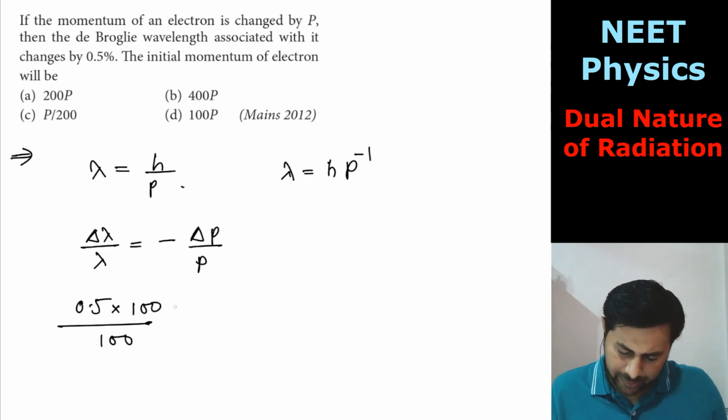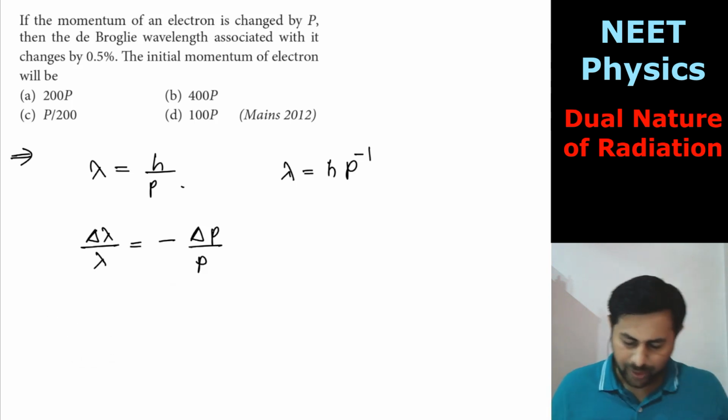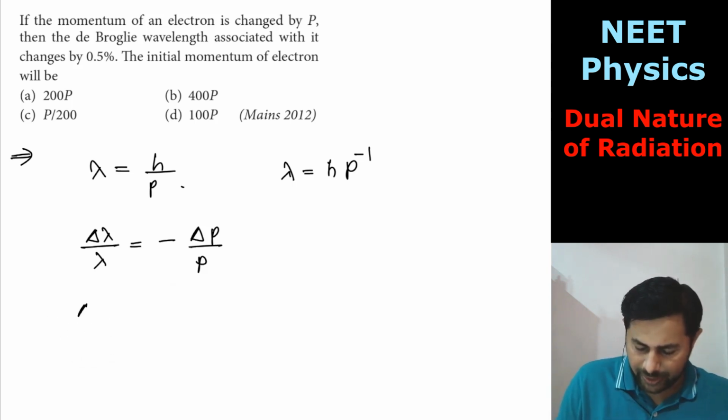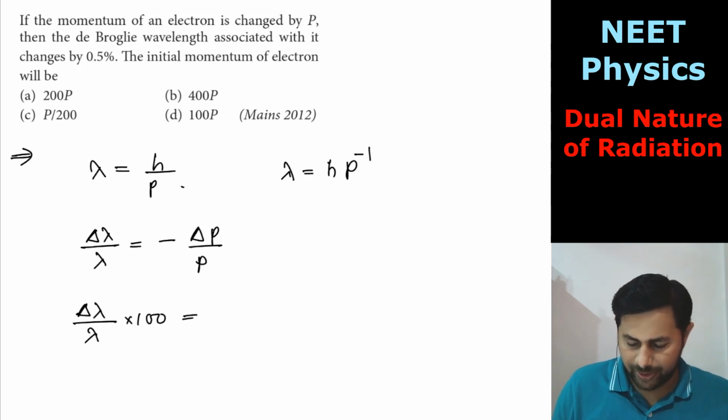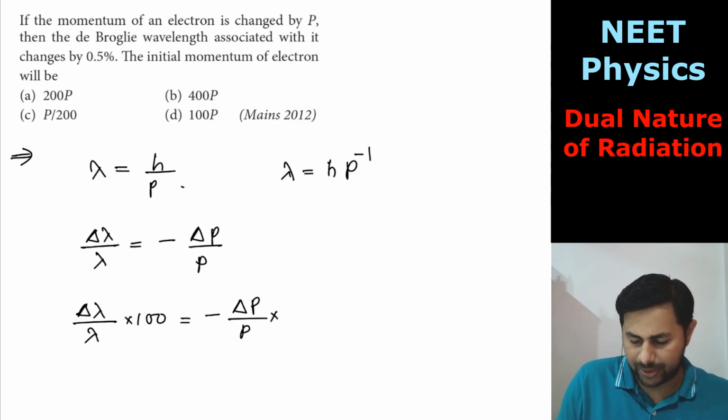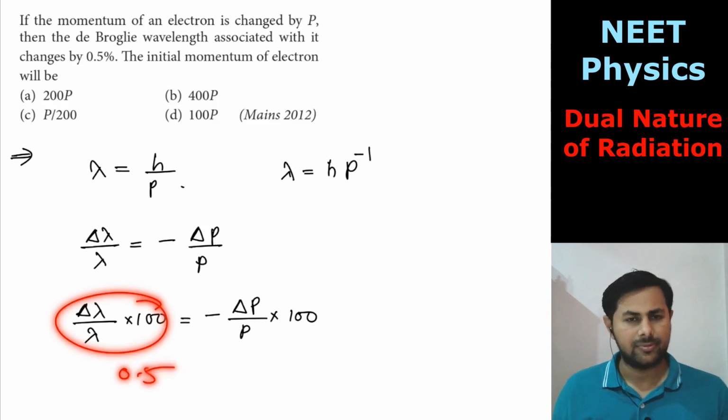Oh no, what did I say? All right, so let's do one thing. So this is delta lambda by lambda times 100 would be equal to minus delta p by p times 100. Okay, and this thing is equal to 0.5, right?